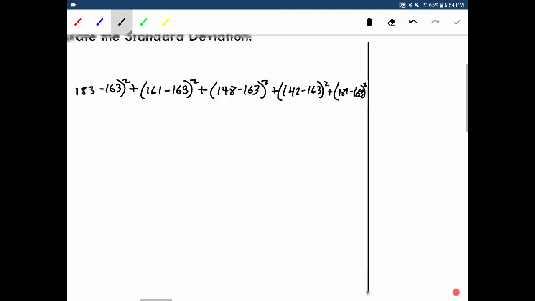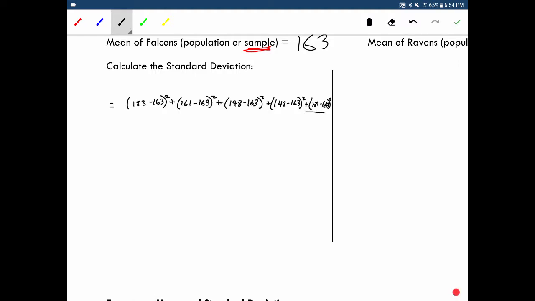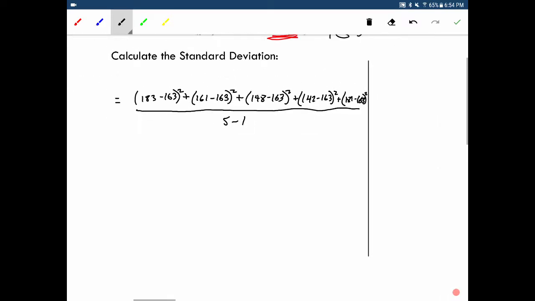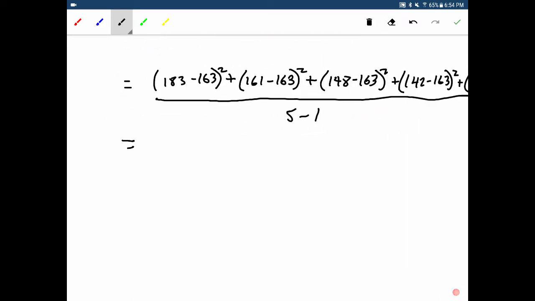And I'm going to take that whole thing and divide by the n, which is 5, and then subtract the 1. Throw that in your calculator. Depending on your calculator, you can do the individual steps or you can do it all at once. It doesn't really matter, but you are going to end up with 18.67, or at least that's what I got when I did it.